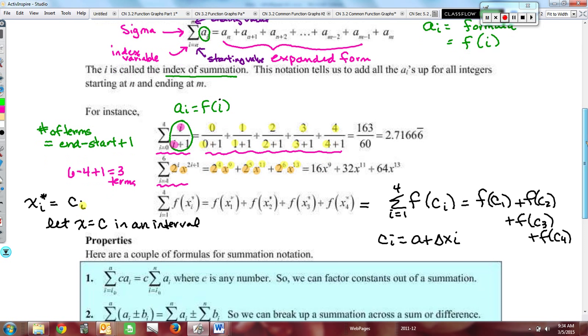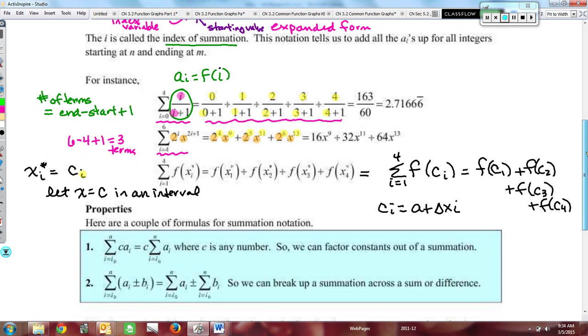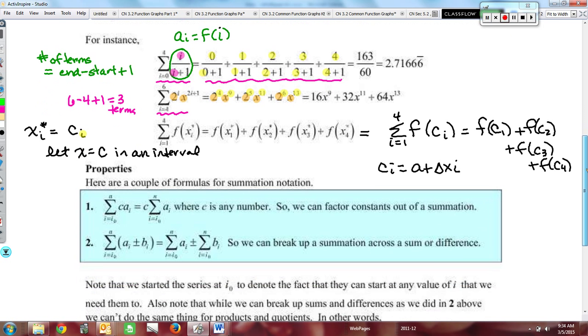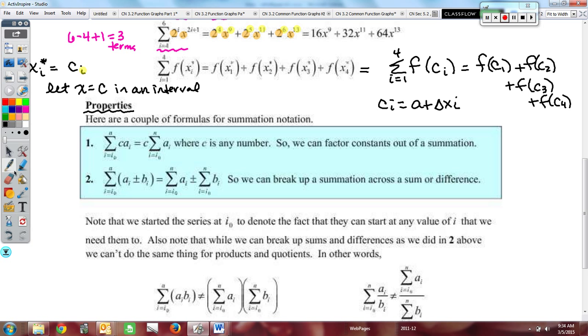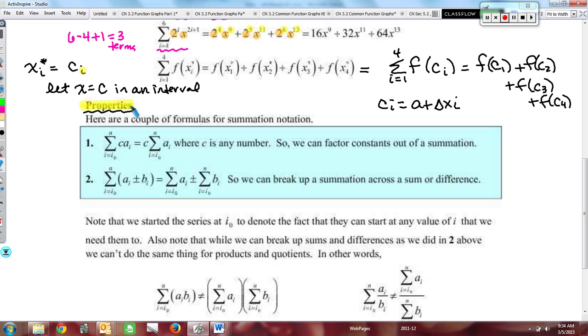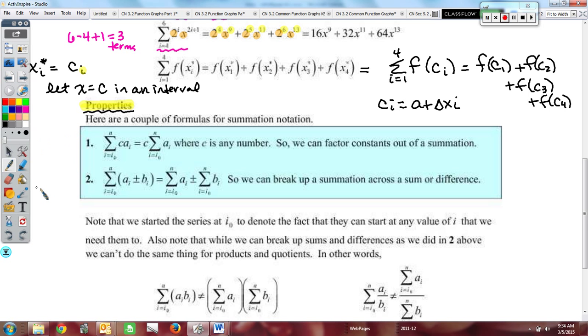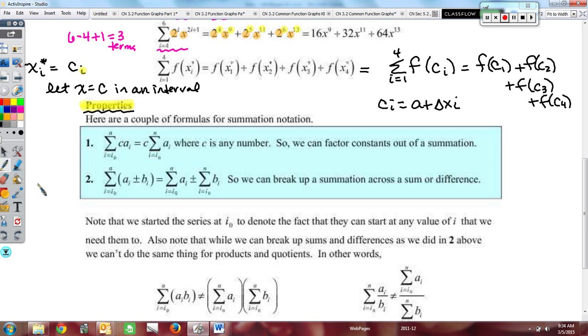Now, of course, with this idea of using these summations, we need to know the properties. The first thing I want to say going into this is that you want to be very careful, because this is where we start to get a little confused in calculus. Where we can get confused is that you have properties for limits.